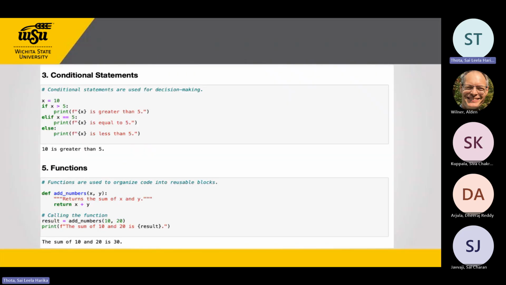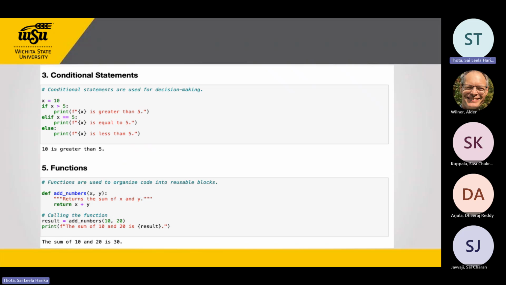And conditional statements. Conditional statements are just like a comparison. I mentioned x equal to 10 and I'm comparing whether x is greater than 5. Conditional statements operate based upon the condition. So if x is greater than 5, the first statement will be printed: 10 is greater than 5, right?